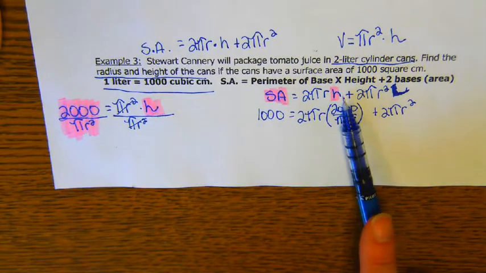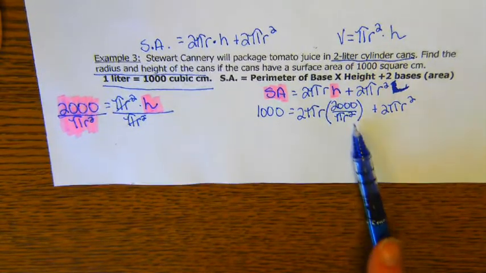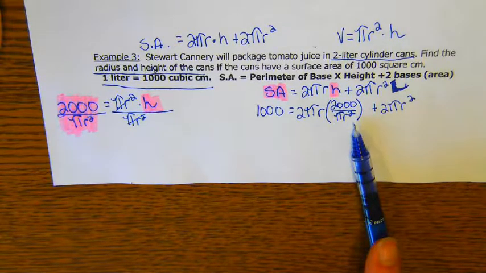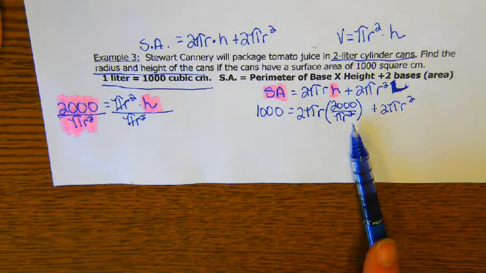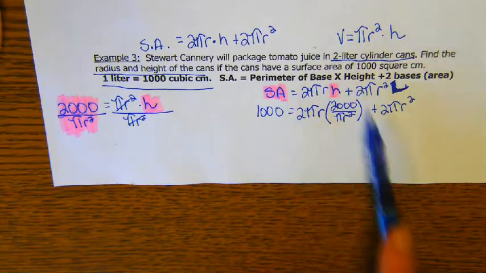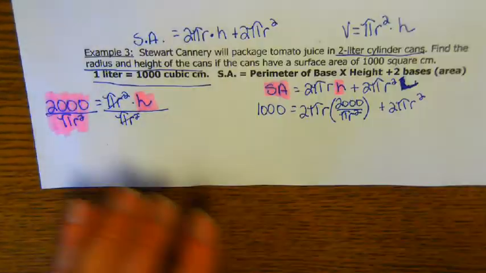Okay, so what's the point of me doing that? Up here I couldn't solve it because it had an r and an h that I didn't know. Now, what do I have as my variable? Only an r. So we're going to just solve for r. And again, we can use our graphing calculator to do that, but let's at least simplify a little bit. Do you see when I multiply these two things together, something cancels? A couple things cancel, huh? Can somebody tell me one thing that cancels?